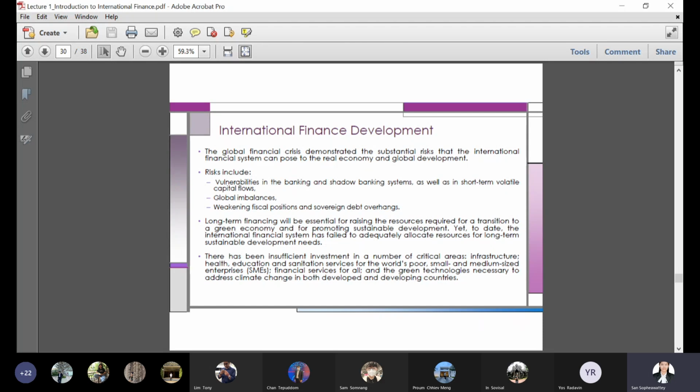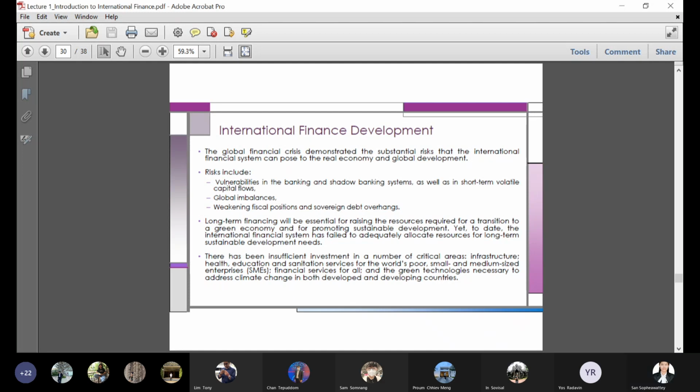But after the GFC, it has shown us that the financial system and banking supervision need to be done not only on the micro level, but also on the macro level as well. So now the policymakers not only focus on the monetary policy or the fiscal policies, but also on what we call the macro-prudential policy as well. So the GFC actually teaches a lot of experience.